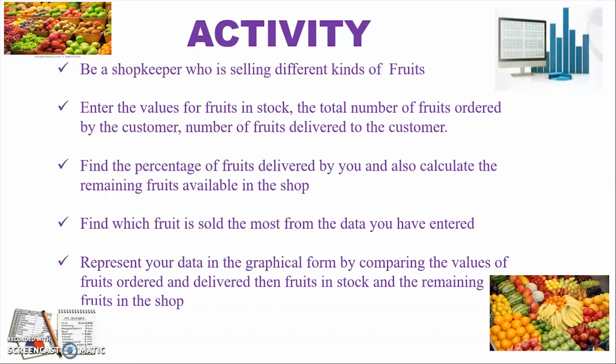After giving to the customer, how many mangoes do you have in hand? If you are giving the customer 130 mangoes, how many remaining mangoes will you have in hand? 70 mangoes, because you already have 200 mangoes and you have given only 130. So remaining you will have 70 mangoes in the shop.